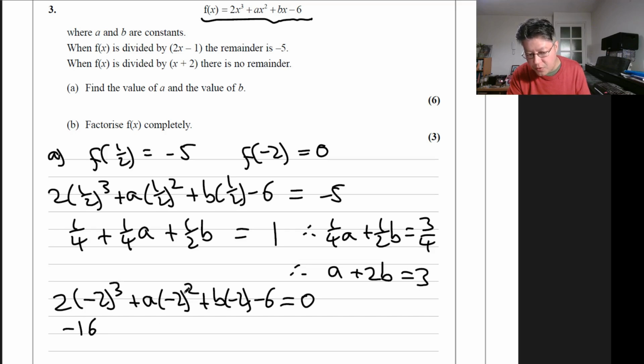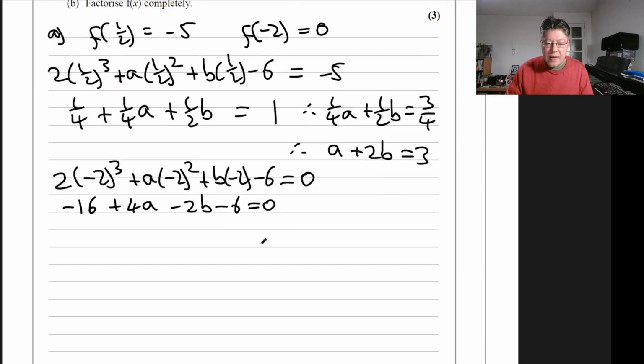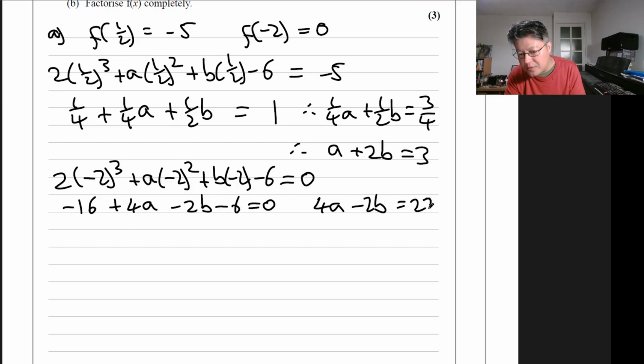That's a positive 4, so plus 4a minus 2b minus 6 is 0. So we get 4a minus 2b, and we have minus 16 minus 6, that's minus 22, and we can bring that over, equals positive 22.